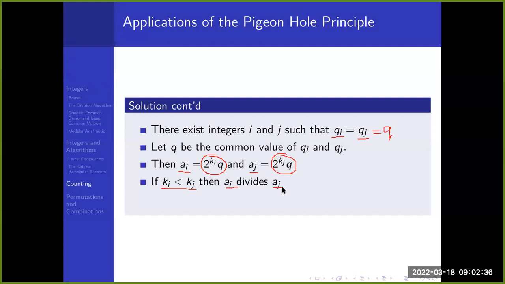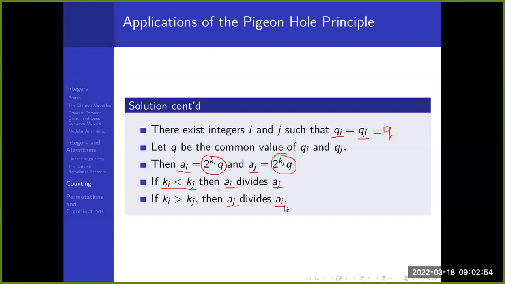You can see that? And also if Ki is greater than Kj, then Aj will divide Ai. So we have confirmed that there's at least one number which divides a second number.